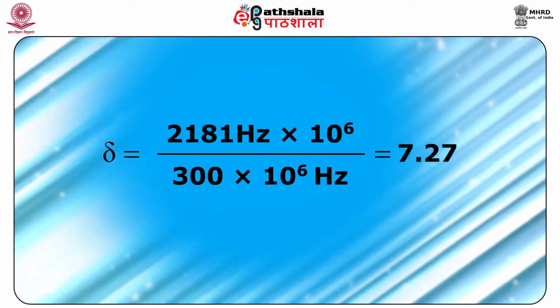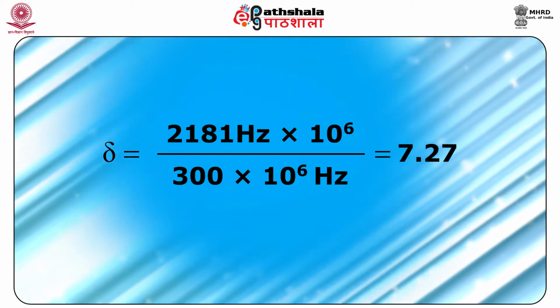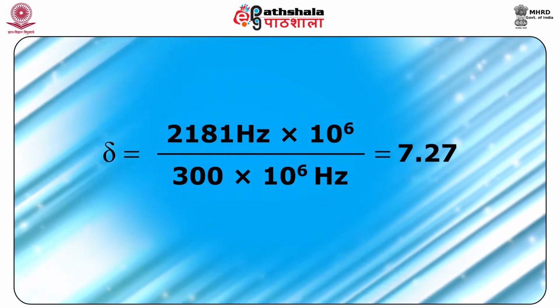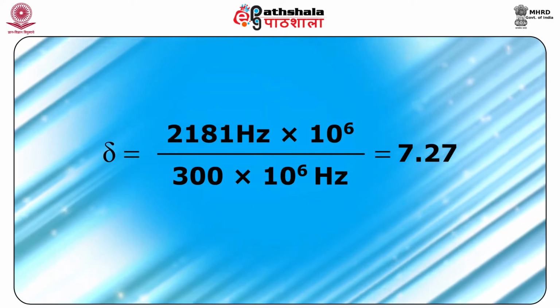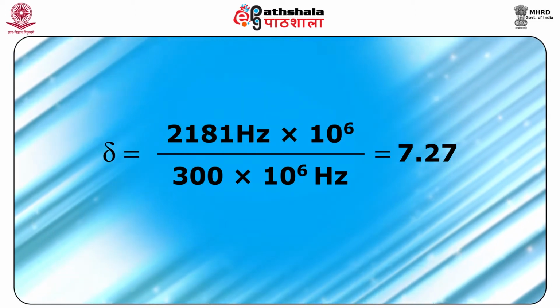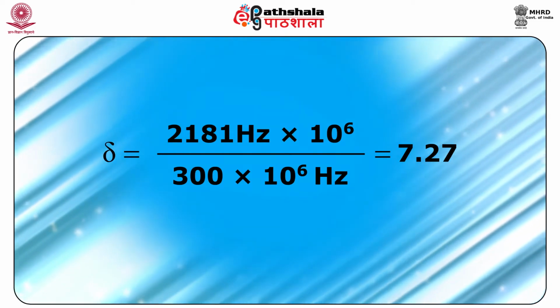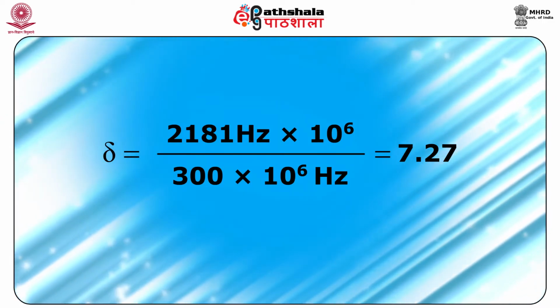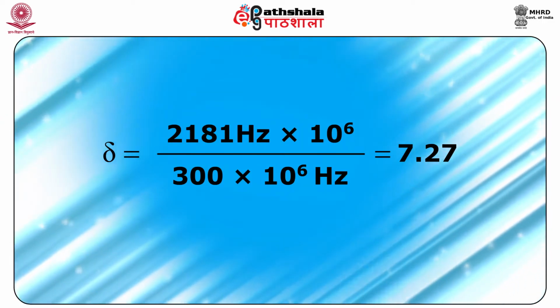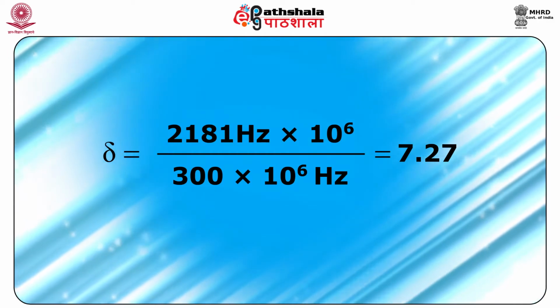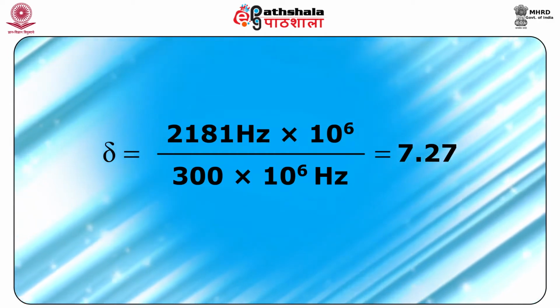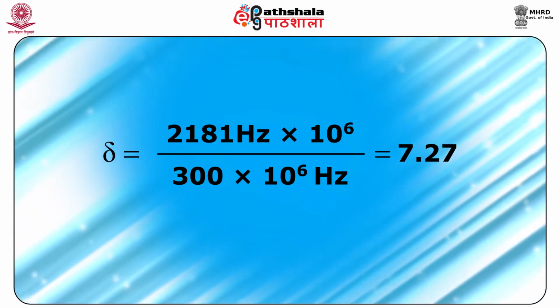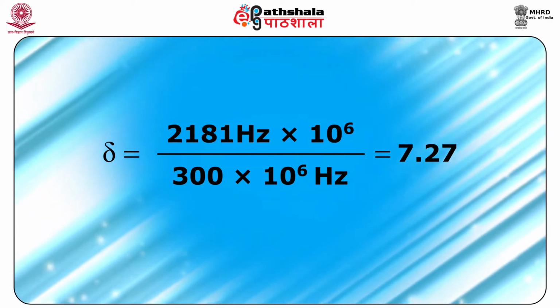The chemical shift of these protons is calculated using the same formula. Delta is equal to 2181 Hz times 10 raised to power 6, divided by 300 times 10 raised to power 6 Hz. This gives a value which is unitless, equal to 7.27 ppm.